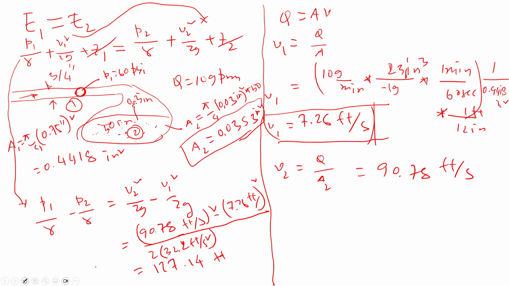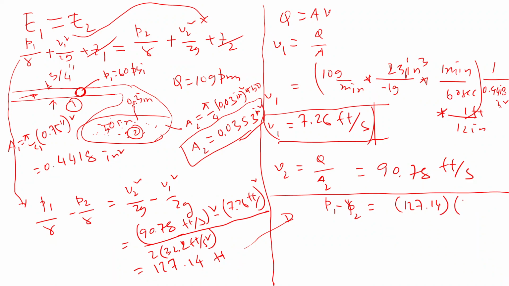Now we can write P1 minus P2 is equal to 127.14 times the gamma, which is 62.4 pounds per cubic foot, the gamma of water. This is in feet. So P1 minus P2, I have found that to be 55.09 psi.